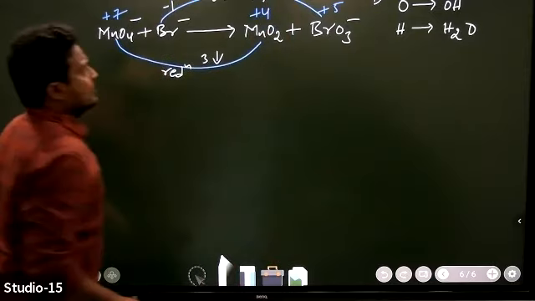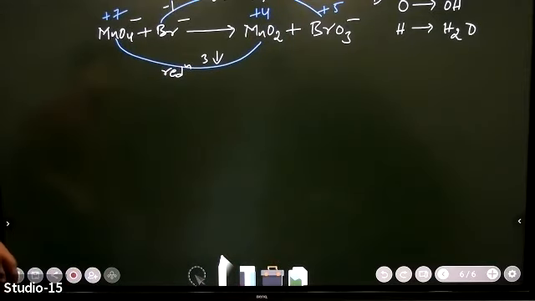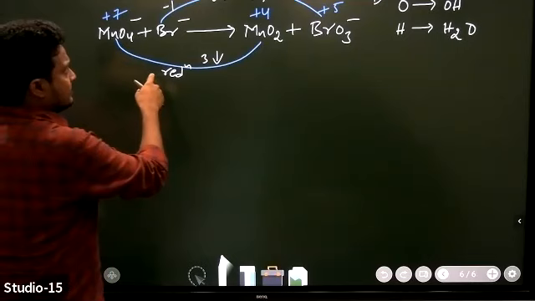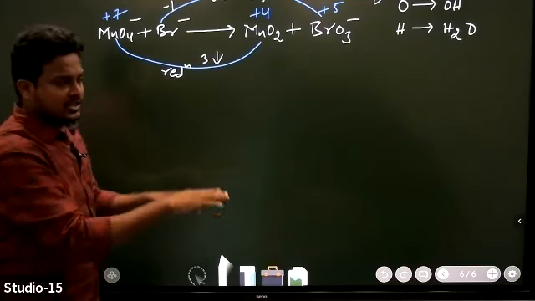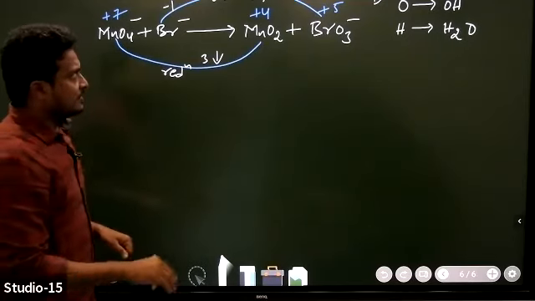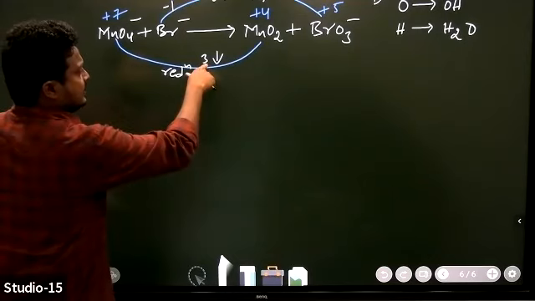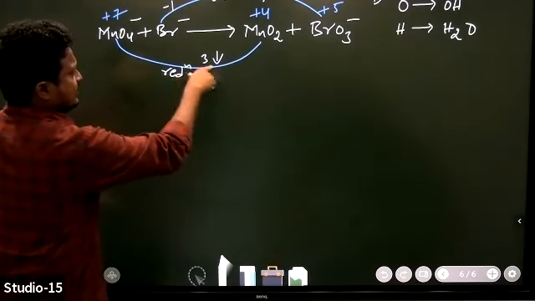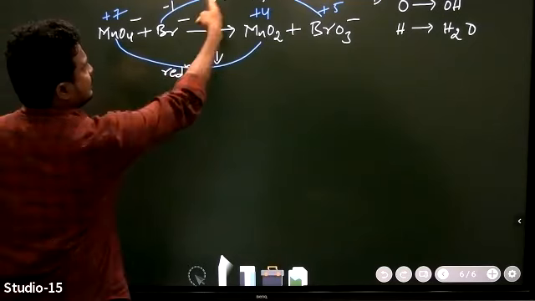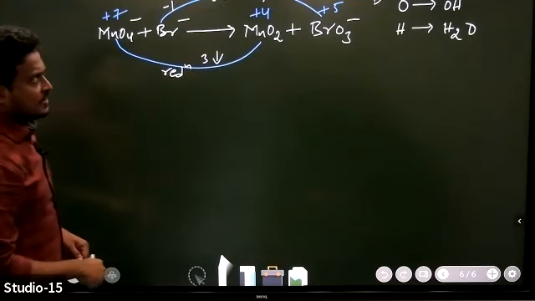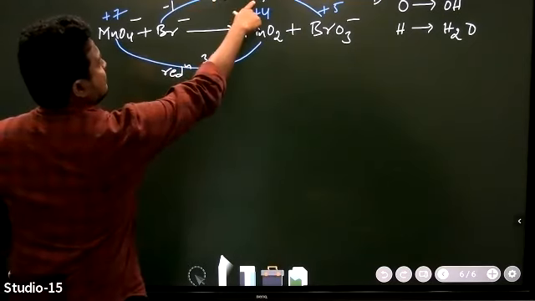Now, what should we do? Now we have to balance the oxidation numbers. In balancing the oxidation numbers, the 3 units decrease of the reduction process is multiplied with the oxidation process, and the 6 units of the oxidation process is multiplied with the reduction process.